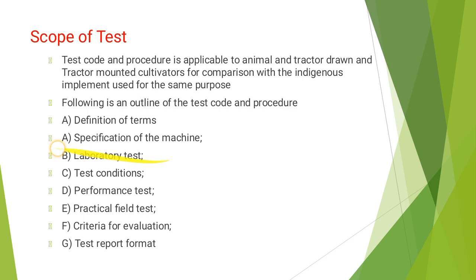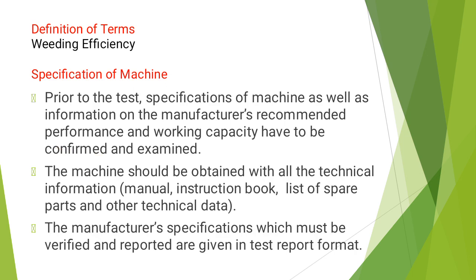Now in definition, weeding efficiency is the percentage of the number of weeds destroyed by the operation of the cultivator to the number present before operation. Now the specification of the machine prior to the test: the specification of the machine together with information on manufacturer recommended performance and capacity have to be confirmed and examined.